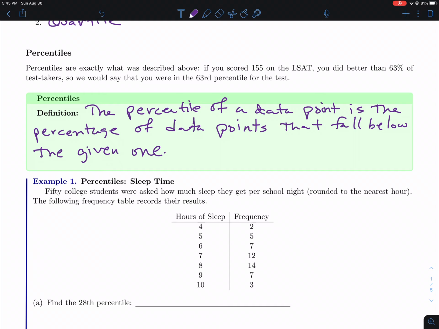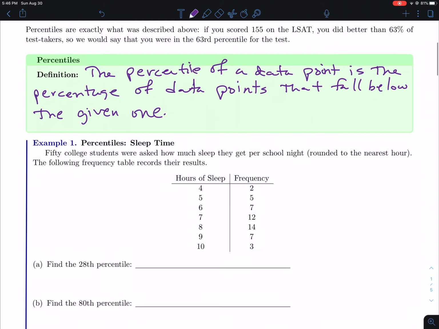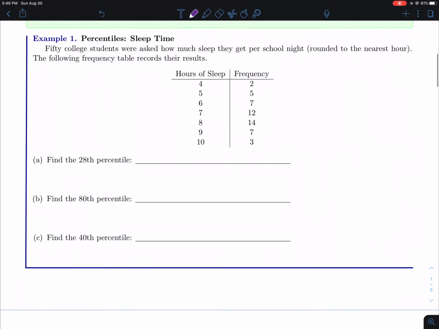All right, let's talk about how to actually calculate percentiles. In this case, 50 college students were asked how much sleep they got per school night, rounded to the nearest hour. The following frequency table records their results. We want to find the 28th percentile.